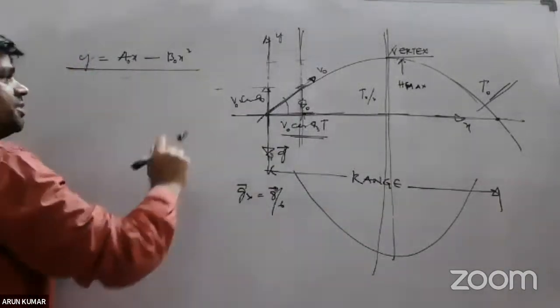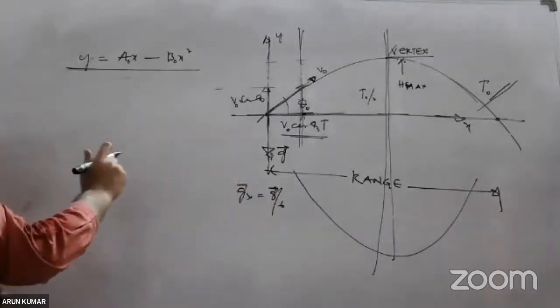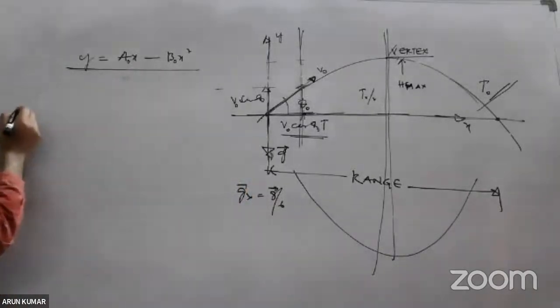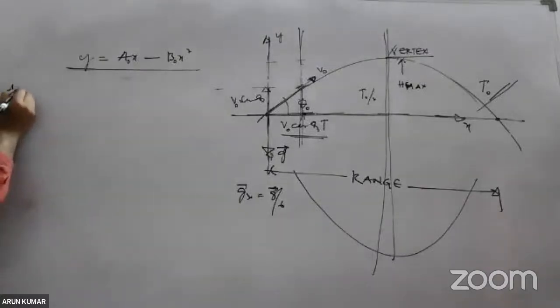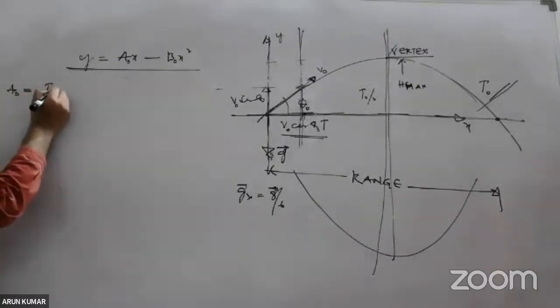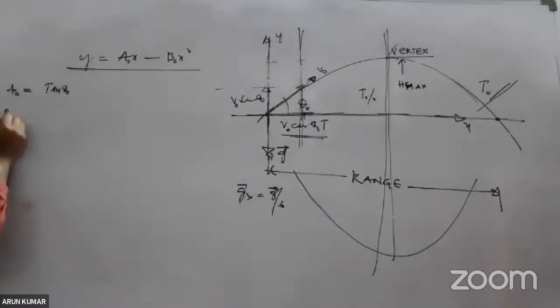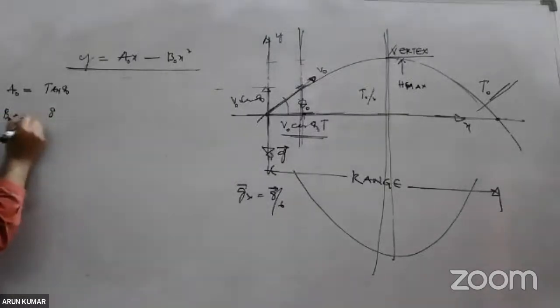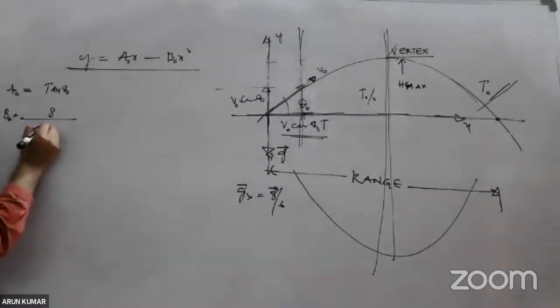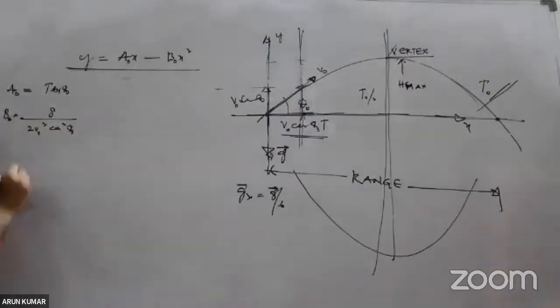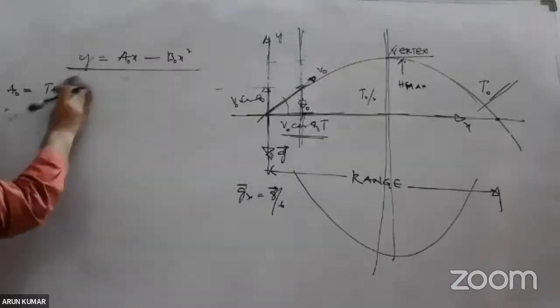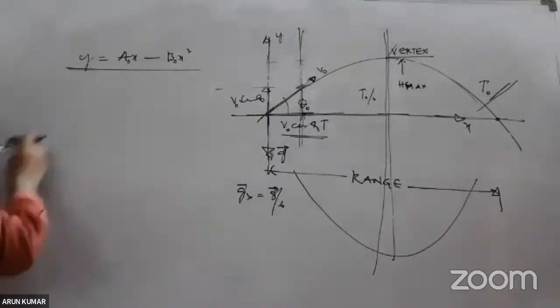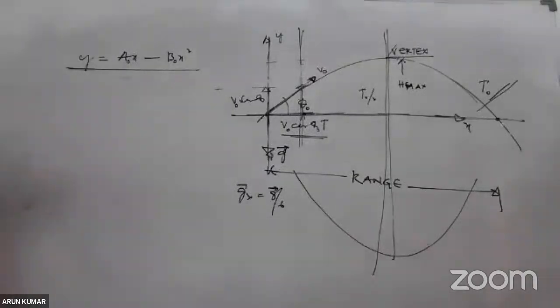Now let us find out the range and maximum height. I'll find out range from here. See, what is A naught? A naught is tan theta. What is B naught? G by 2 V naught square cos square theta. All right. ఇది A naught B naught గుర్తు పెట్టుకుందాం. తర్వాత సబ్స్టిట్యూట్ చేద్దాం. బట్ ప్రస్తుతానికి let us think in terms of A naught and B naught.